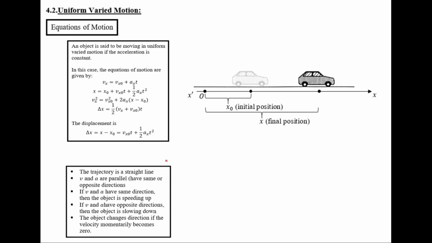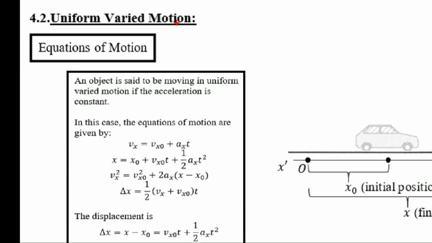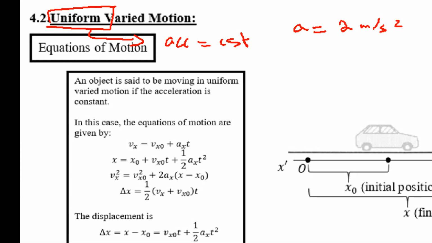Now, another intuitive type of motion: what about if the object has acceleration? This is known as uniform varied motion. The word uniform here refers to the fact that the acceleration is constant. For example, if the acceleration is given by 2 meters per second squared, then this is a perfect example of uniform varied motion.